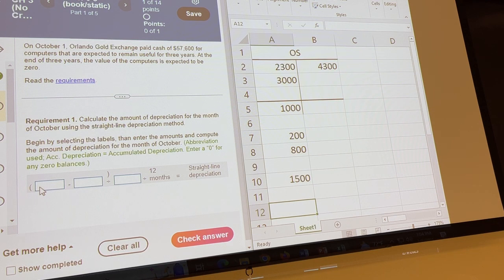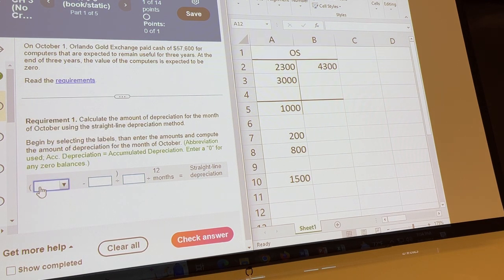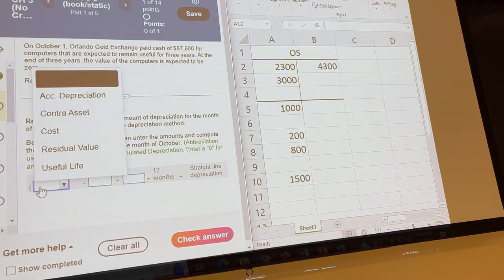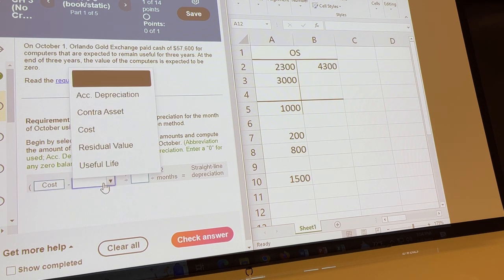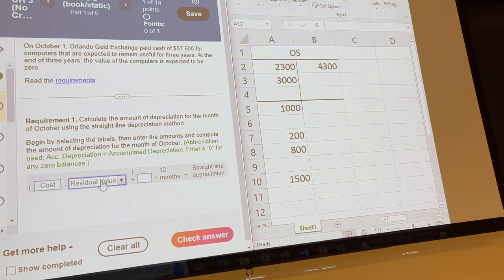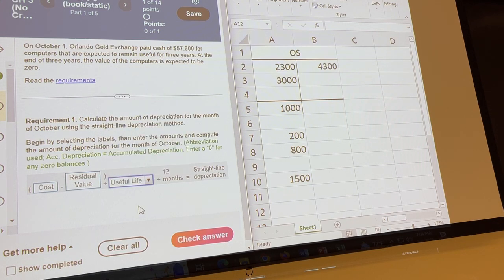So, first of all, I guess they want us to put the formula for it. It would be cost minus residual value divided by useful life divided by 12 months.